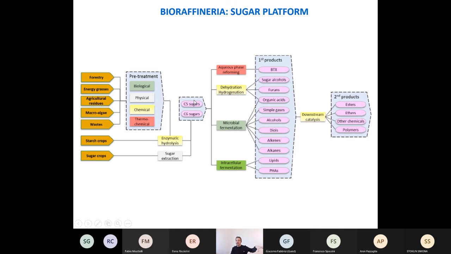From sugars you start a biorefinery. From sugars you have the possibility to produce a large variety of intermediate and final products. Not only bioethanol, not only biodiesel, but also green hydrogen and bioplastics, because bioplastics are obtained with this sugar platform.